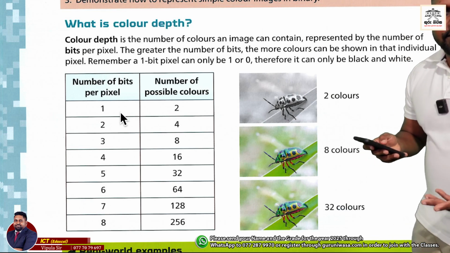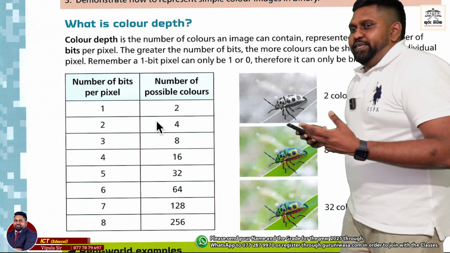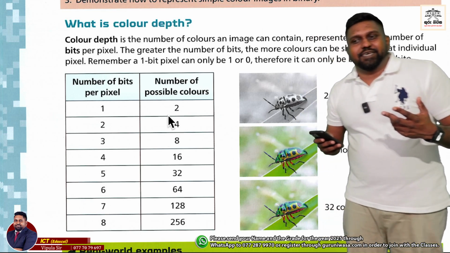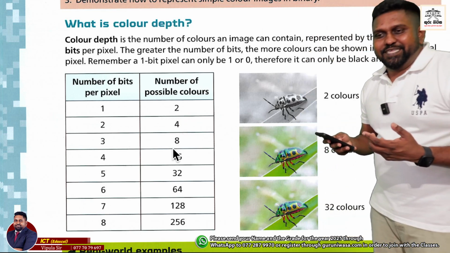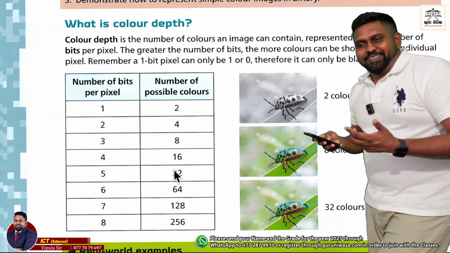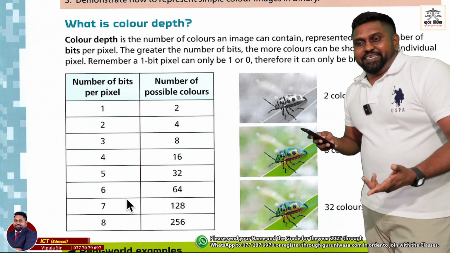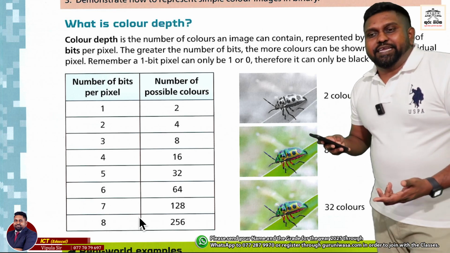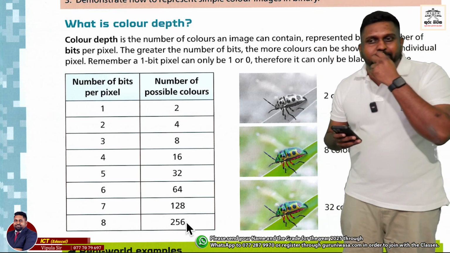If you increase the number of bits to 2, you get 4 possible colors. If you increase to 3, 8 possible colors, 4 gives 16, 5 gives 32, 6 gives 64, 7 gives 128, and 8 gives 256 possible colors.